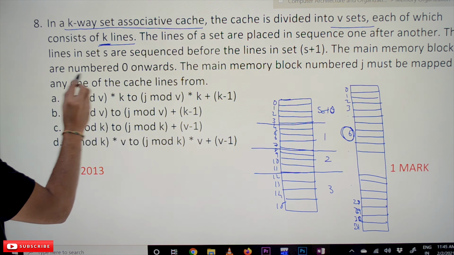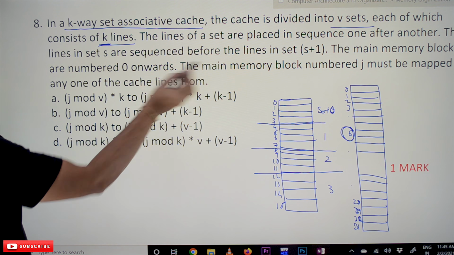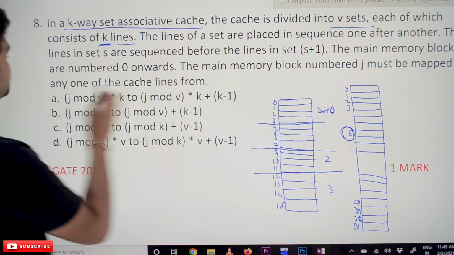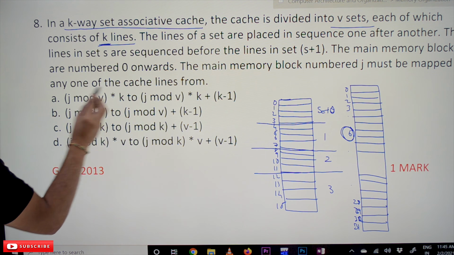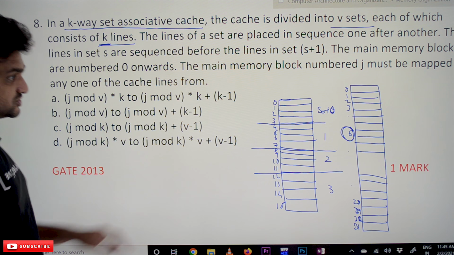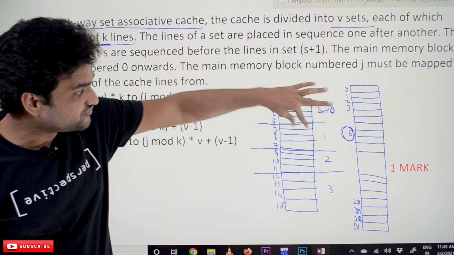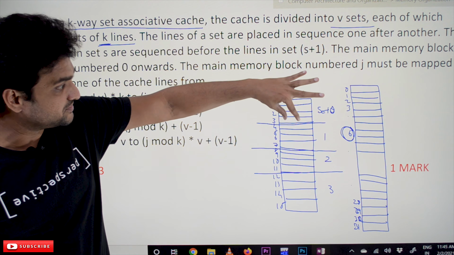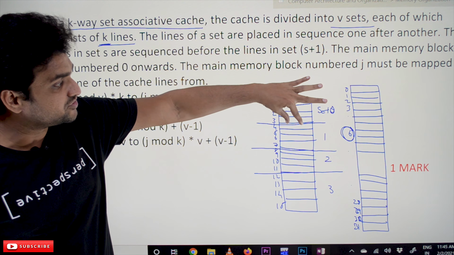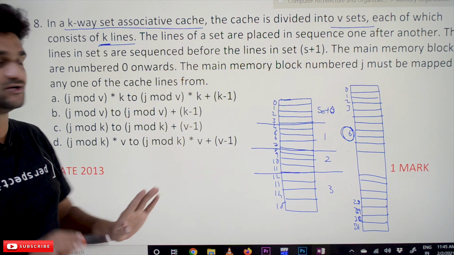So where will this 6th block get mapped to, from which cache line? That we will try to understand.